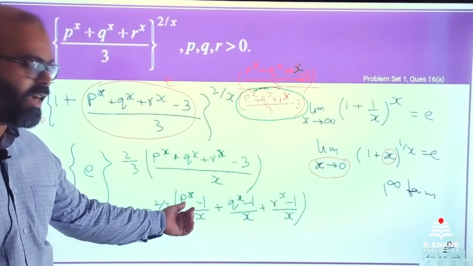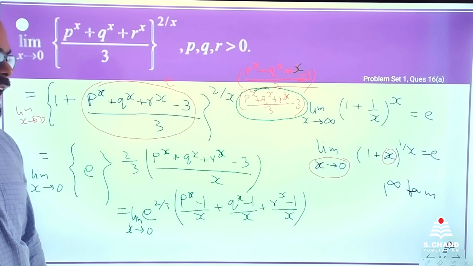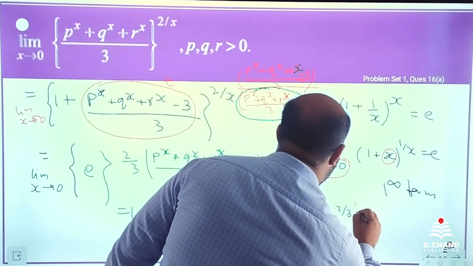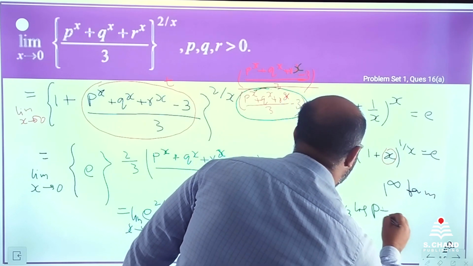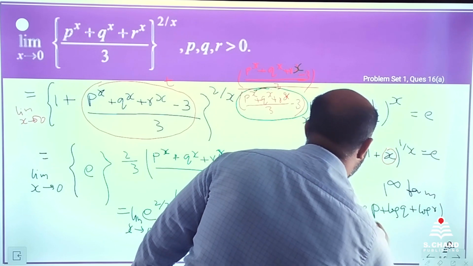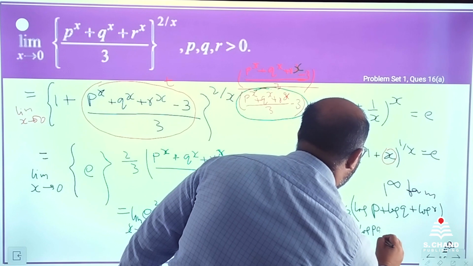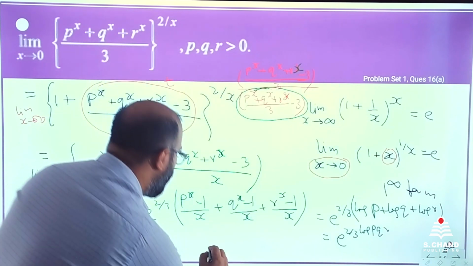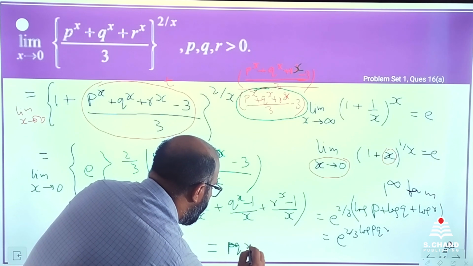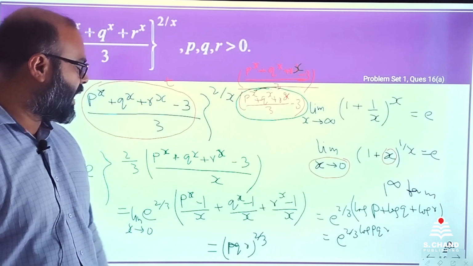Now, as you can see, a to the power x minus 1 by x, limit x tending towards 0, is log of a. So this will become e to the power 2 by 3 times (log of p plus log of q plus log of r). So this will become e to the power 2 by 3 log of pqr. Finally, this will become (pqr) to the power 2 by 3, as e and log will get cancelled.